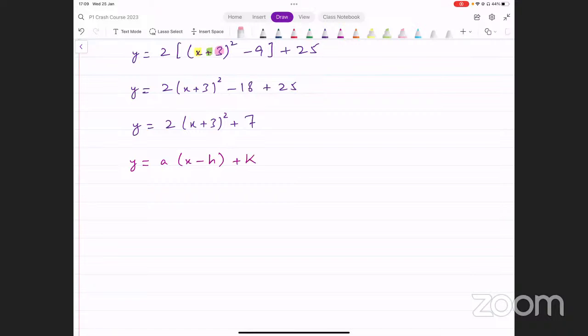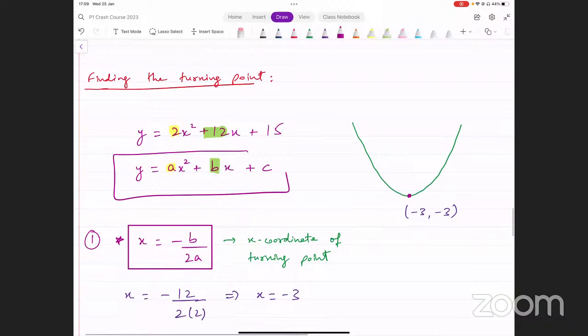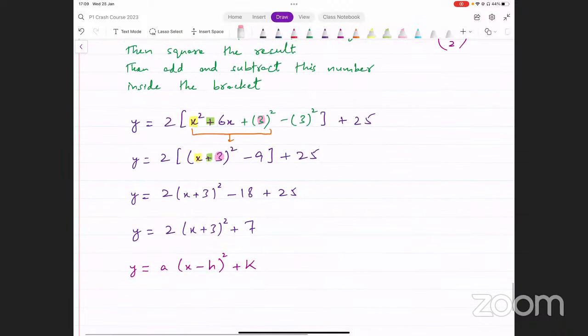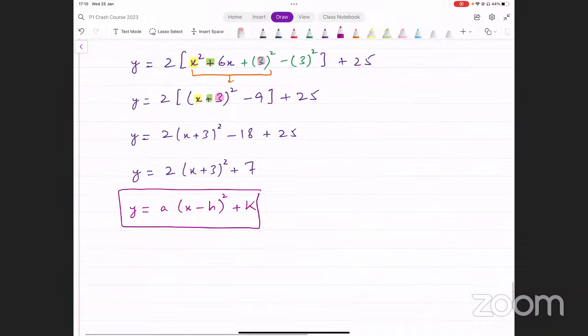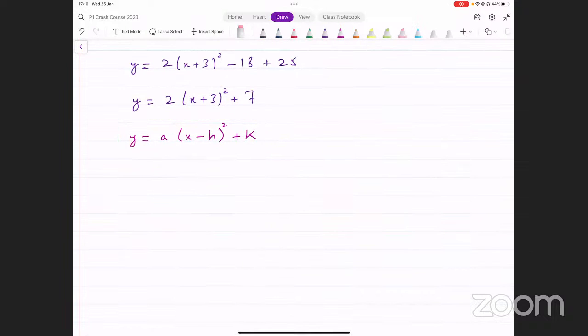This is the standard completed square form of a quadratic function. A quadratic function has this standard form, ax squared plus bx plus c. So this is one way of writing quadratic functions. Another way of writing quadratic functions is this particular form, y equals a into (x minus h) whole squared plus k.